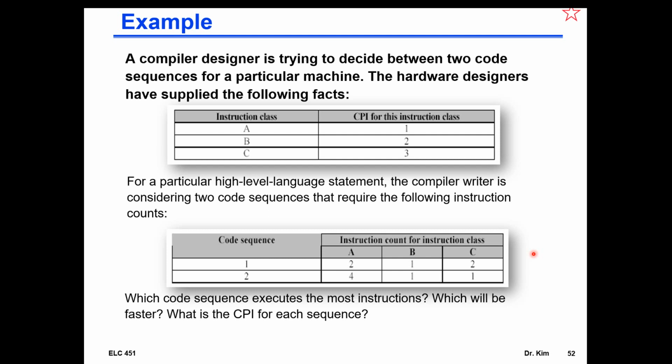Which will be faster? And what is the CPI overall for each sequence?